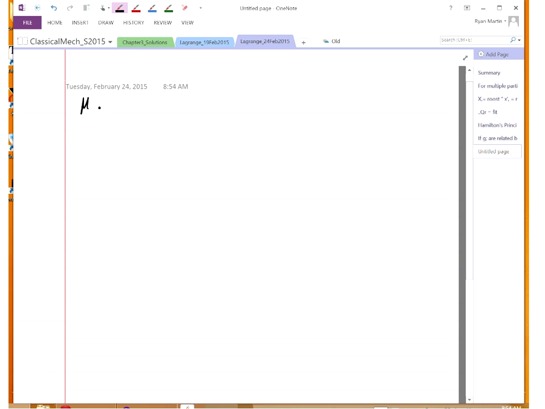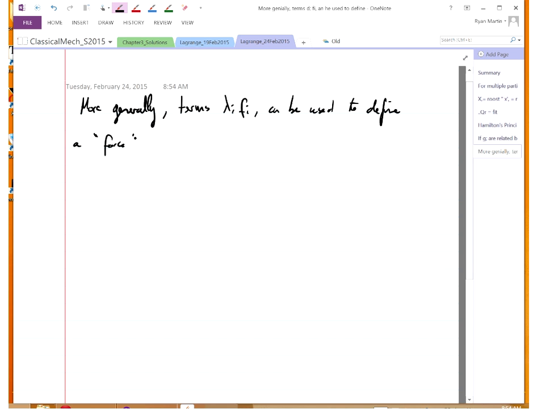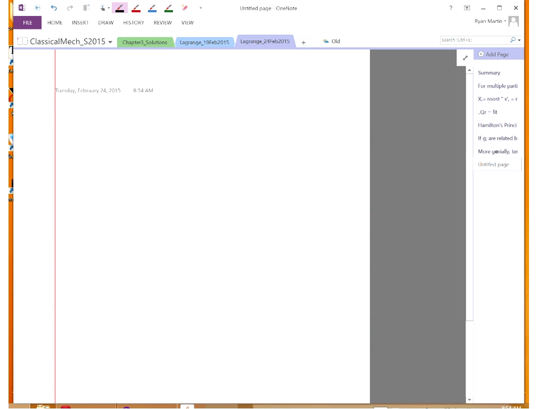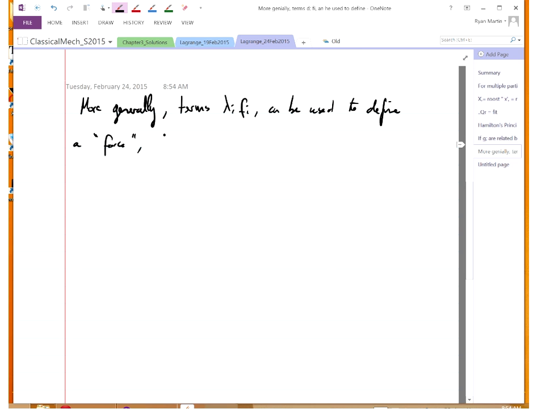So more generally, the terms lambda i Fi can be used to define, I'm going to put force in quotation marks, a force which I'll label as Qij.